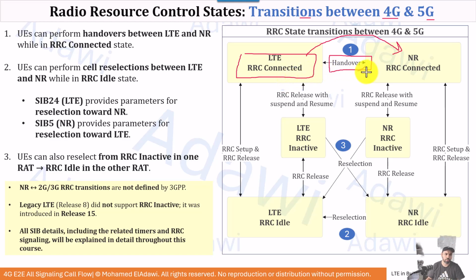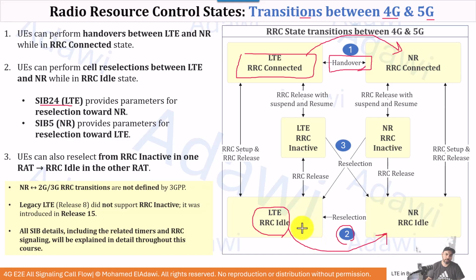So in connected mode, the user performs handover from LTE to 5G. This is the main idea here. And if you check point number 2, this is in case the user is in idle mode and, for example, has received SIB 24, which is usually used to provide the reselection parameters in order to move to 5G.